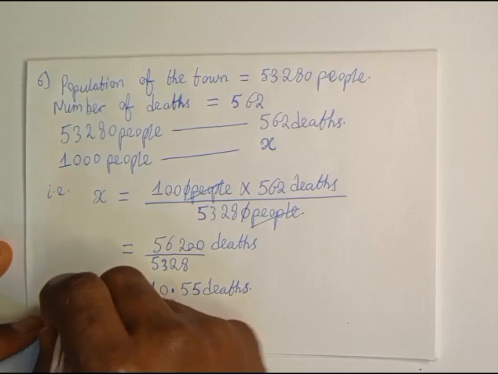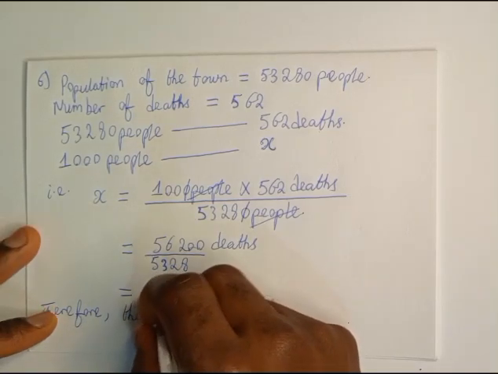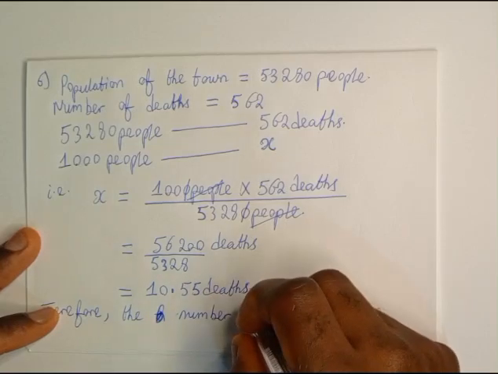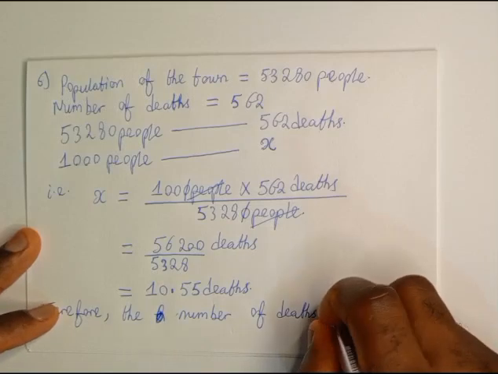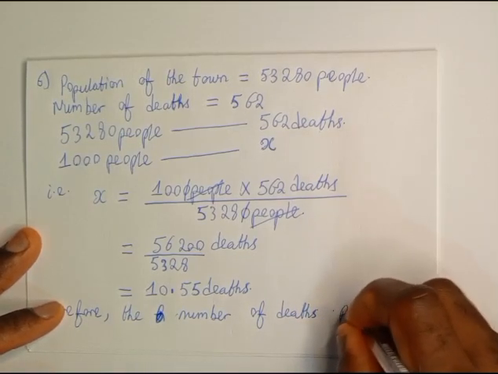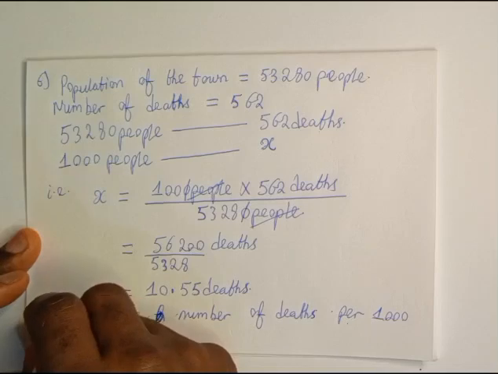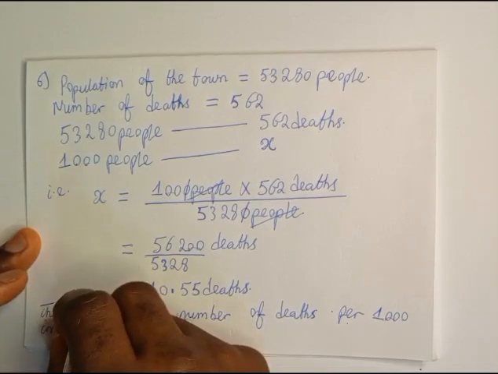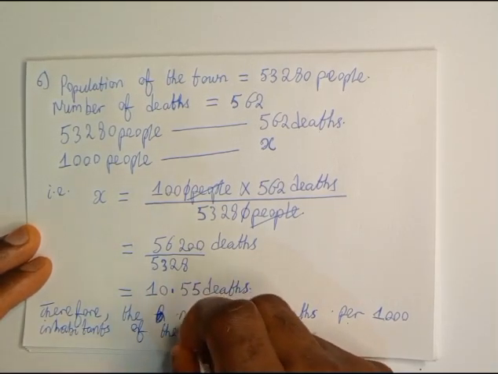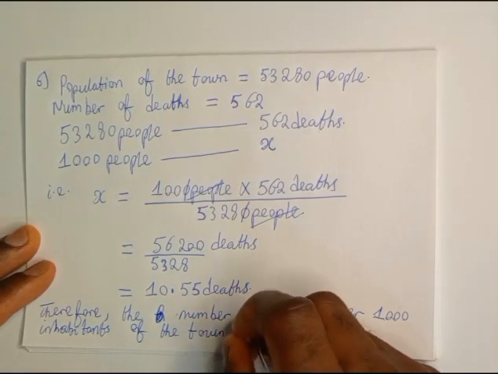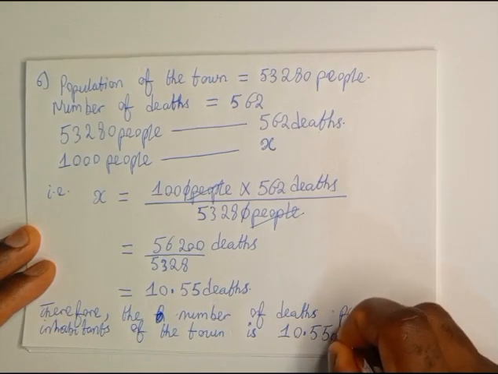Therefore, the number of deaths per 1,000 inhabitants of a town is 10.55 deaths.